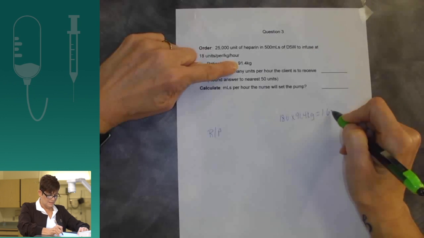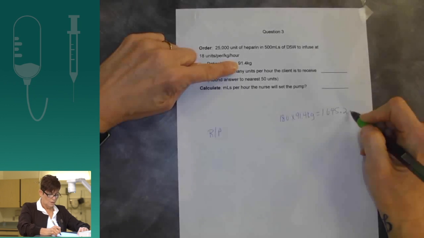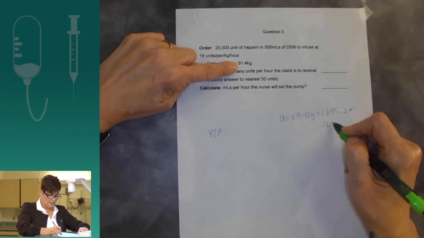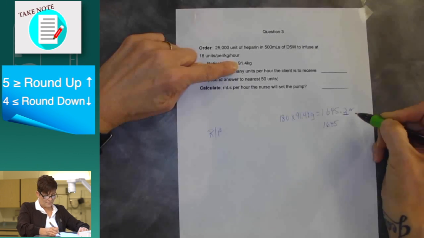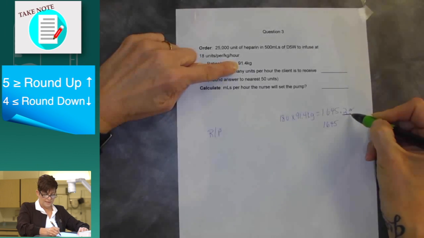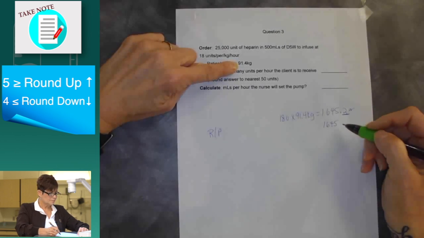So we come out with 1,645.2 or 1,645, because again, remember, if this was greater than 5, we would round this to 1,646.